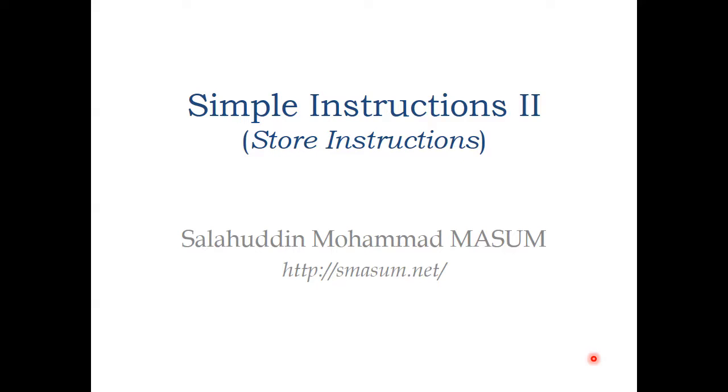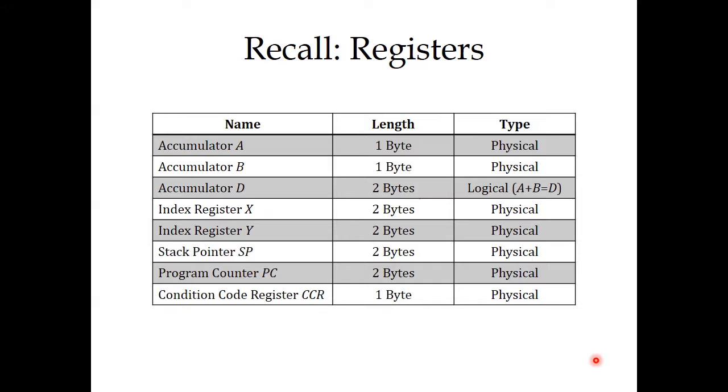So we are going to start our next type of instructions today, which are called the store instructions. Again, let's recall the list of registers that we have. This is the same list that we have seen in the last lecture. Just recall that we have several registers, and most of the registers are 2 bytes long, except accumulator A, accumulator B, and the condition code register, which are 1 byte each.